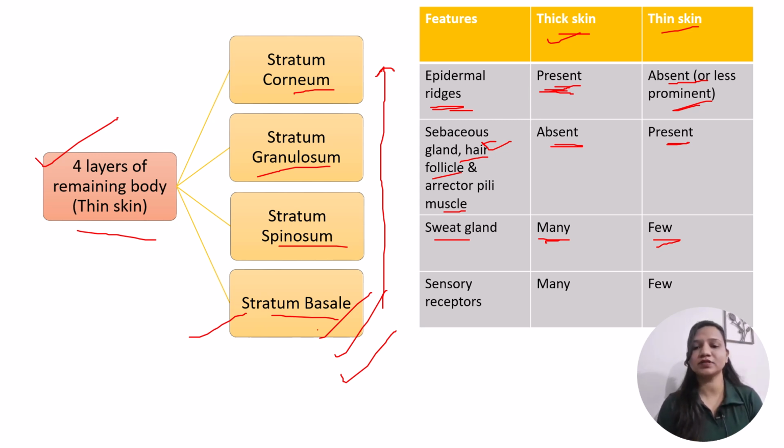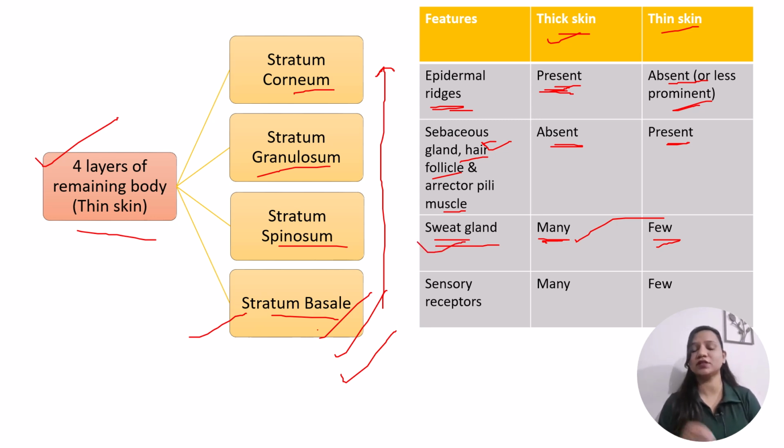Since sebaceous glands are not present, thick skin lacks the lubrication that is needed, so sweat glands are many in this region to provide the lubrication and hydration. The sweat glands also help in thermoregulation, and the sweat provides slight moisture that improves grip and traction, allowing for better grasping. So here also there is a functional requirement for sweat glands.